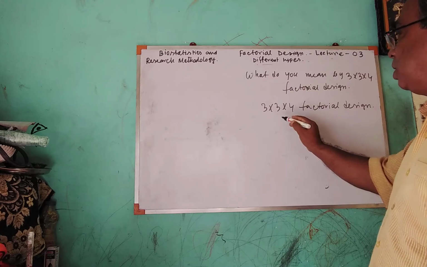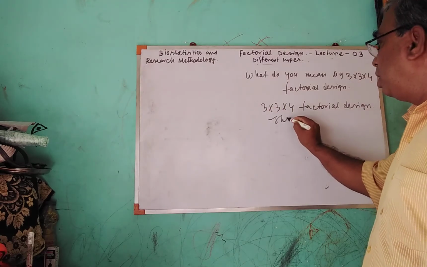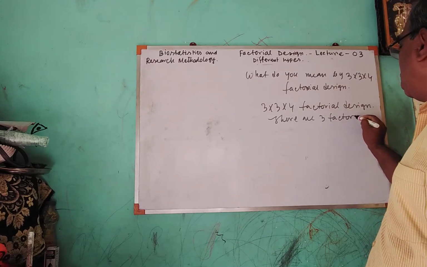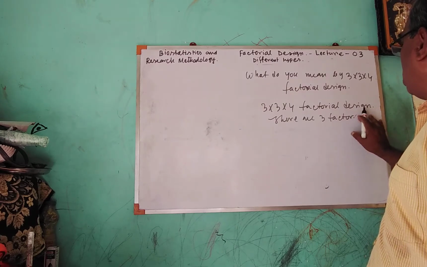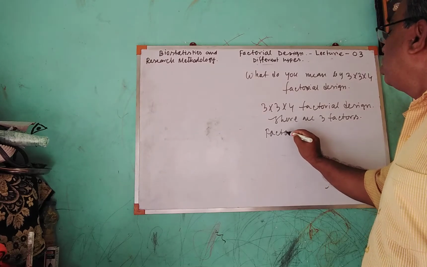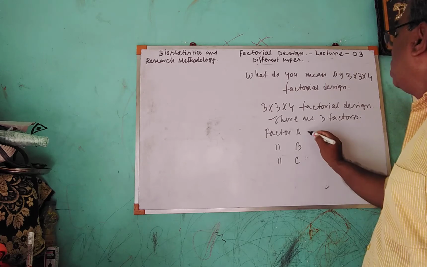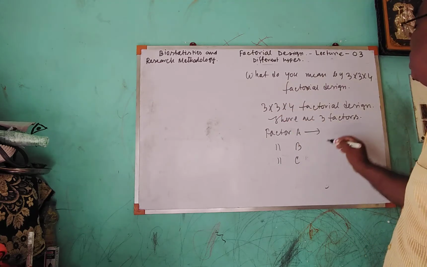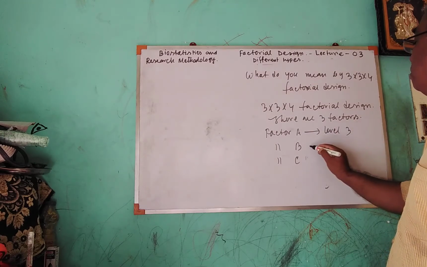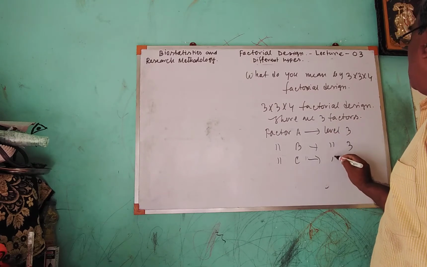It means 3 factors. There are 3 factors, 1, 2, 3: factor A, factor B, factor C. Factor A has level 3, B has level 3, and C has level 4.